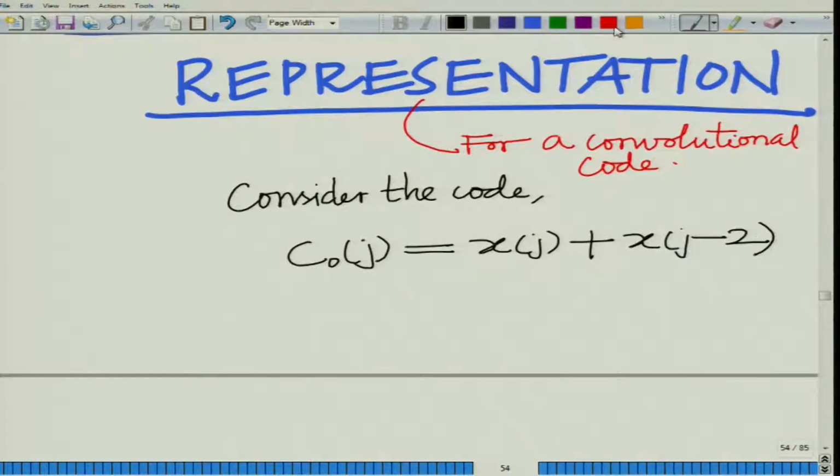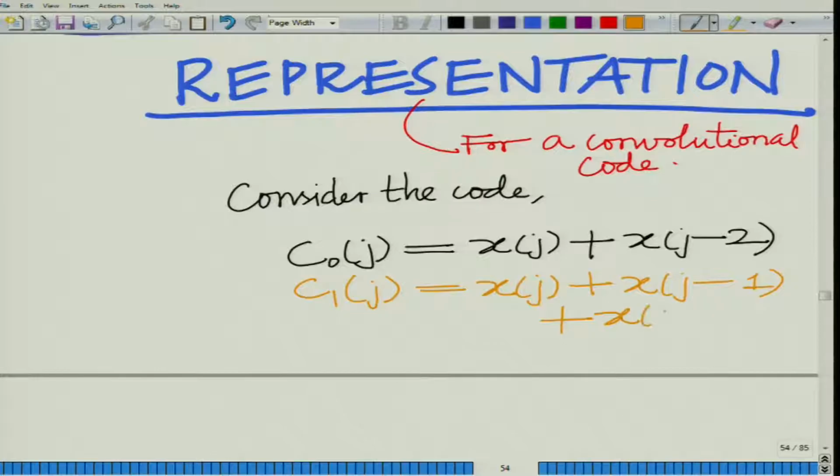Needless to say, this is arithmetic in the binary field, correct? The plus and dot operations that we have seen before. C1j equals xj plus xj minus 1 plus xj minus 2.